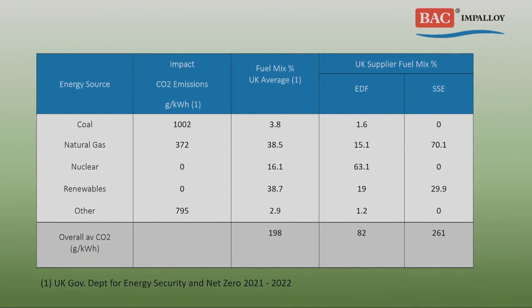And obviously the EDF one is a feature of the nuclear power source. But the UK government are telling me that nuclear and renewable power don't have any CO2 impact. Well, what a nonsense. That's an absolute nonsense. Does anybody think you can build a nuclear power station without leaving a carbon footprint?